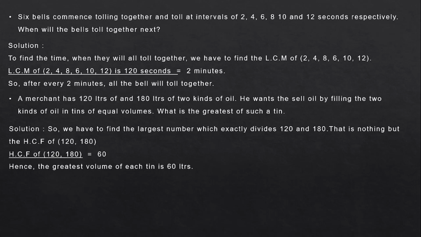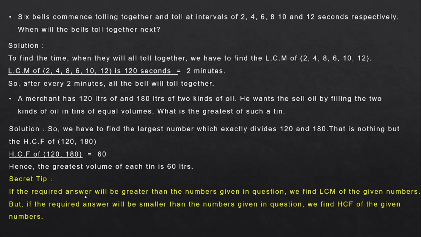Now a very important tip to identify what kind of questions will have LCM and what kind of questions will require us to calculate the HCF. If the required answer of the question is greater than all the given values in the question, for example here we know that the bells will toll together next only after 12 seconds or even higher than 12 seconds, in such questions we find the LCM.